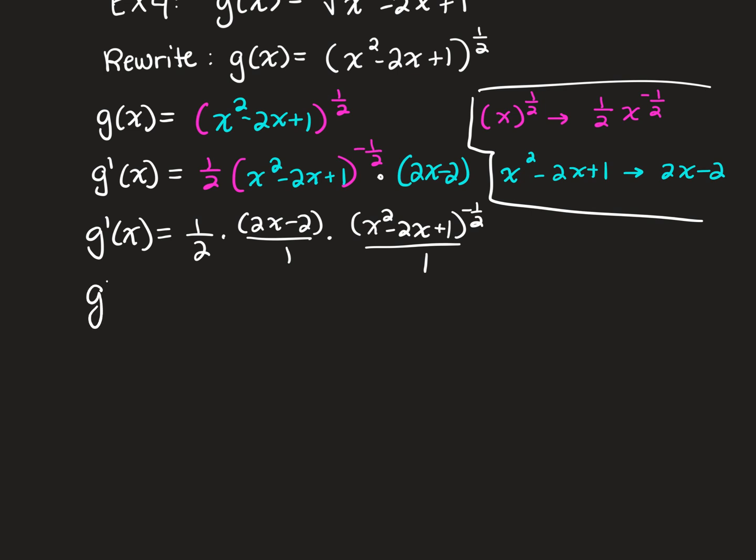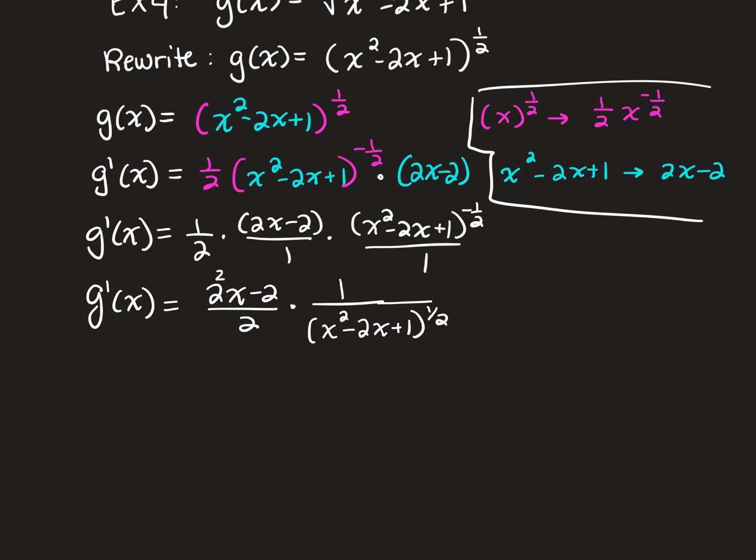So, think about it like this. We have 2x minus 2 over 2 times 1 over that thing raised to the 1/2 power. Now 2x minus 2 over 2, there's some giant ones that are going to take place there.